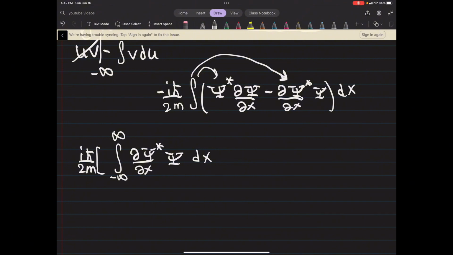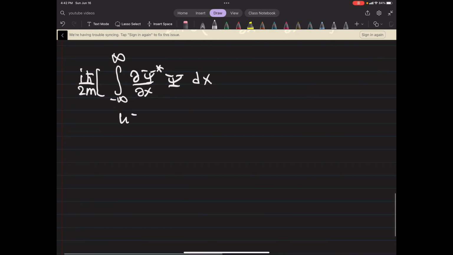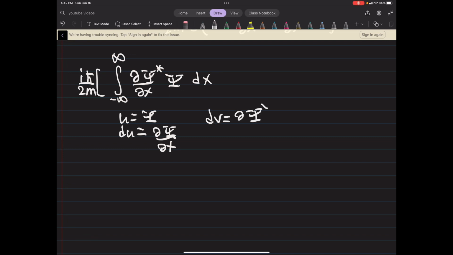Now again, we're going to use integration by parts, and we'll let u equal psi and then du will of course be dx, d psi dx. And then if we let dv be, this should work out the way that we want it to, dx.